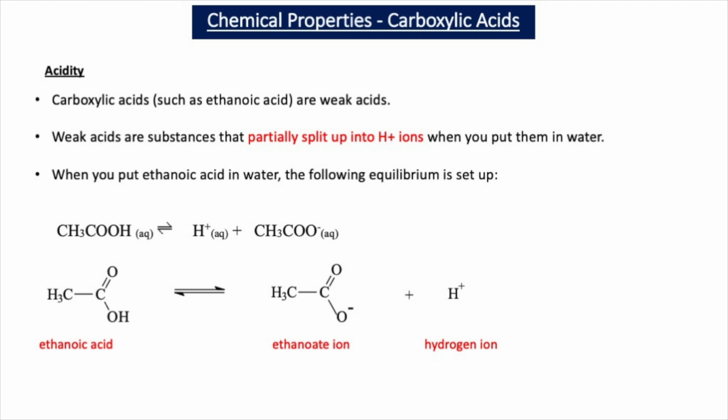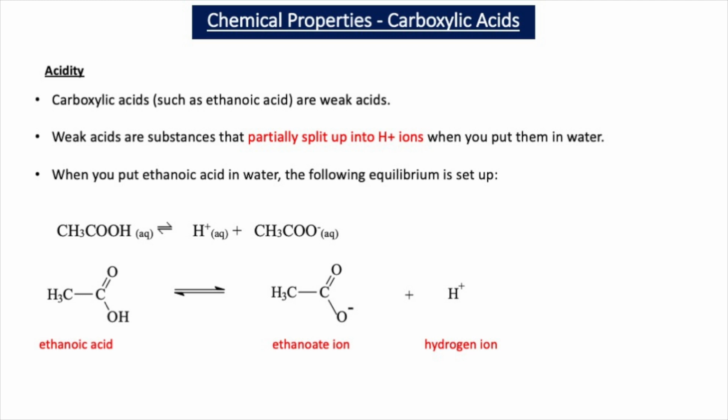Now you should remember from year 12 chemistry that the pH of a solution is a measure of the concentration of H+ ions, and the lower the pH, the more H+ ions are in solution.